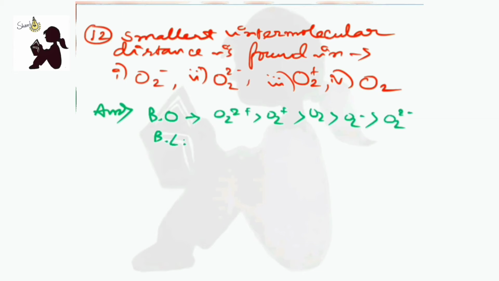So bond length is inversely proportional to bond order. We have known it. So what will be the minimum bond length here? O2 plus in the given question, because there is no O2 2 plus in the given question, but O2 plus is there. So this bond order is maximum, so bond length will be minimum. So the minimum bond length here will be of O2 plus.